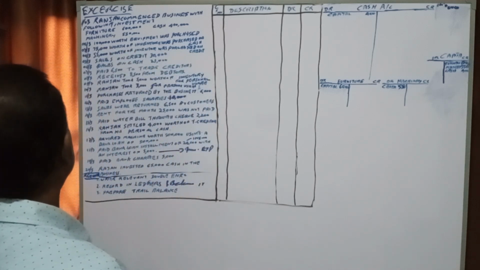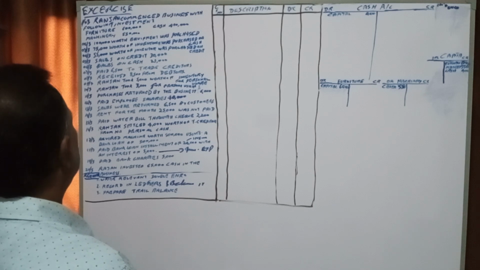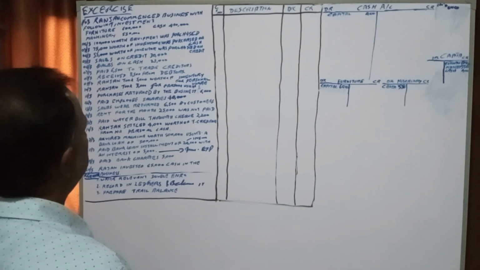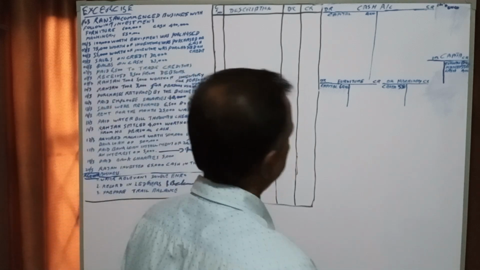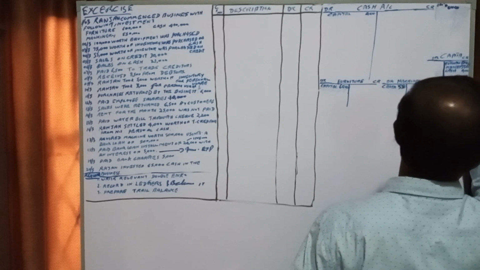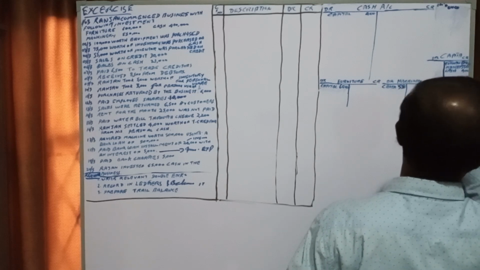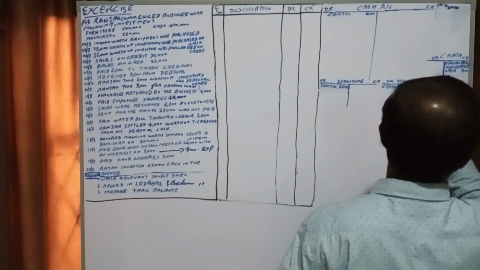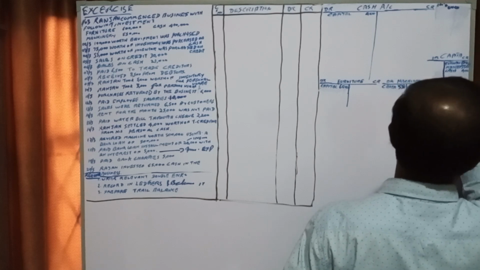Next one, second: 100,000 worth of equipment was purchased. We will open an equipment account. This is debit, this is credit, equipment.